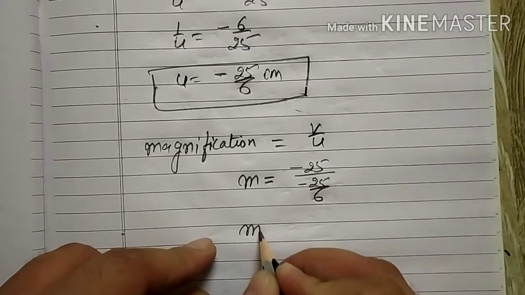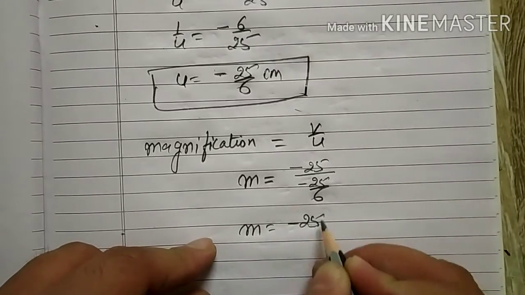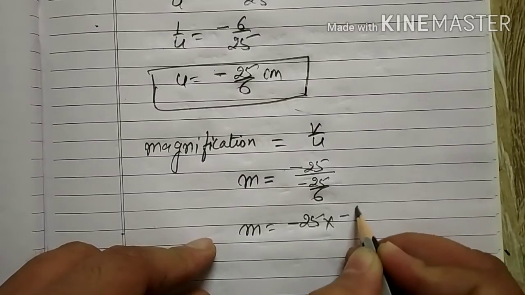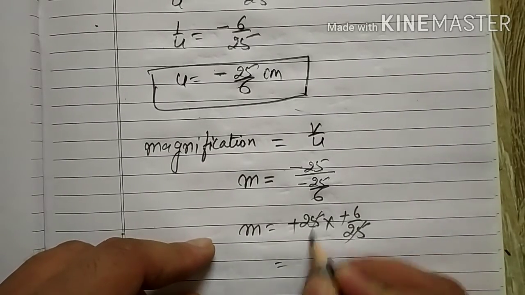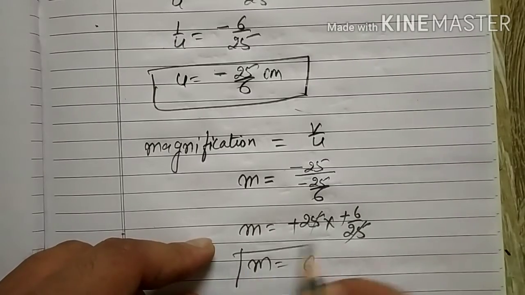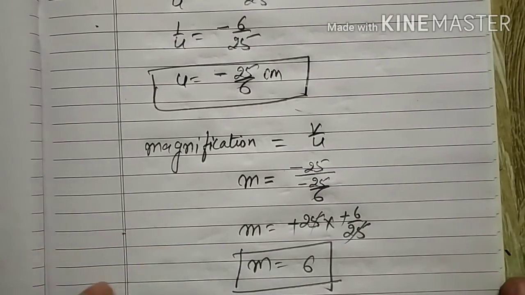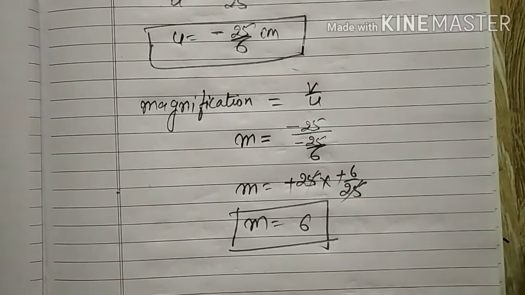So m equals minus 25 into minus 6 by 25. Minus minus cancels to plus, and this 25 will cancel. So what will come? Magnification will be 6. It says that the image will appear 6 times larger than the object.